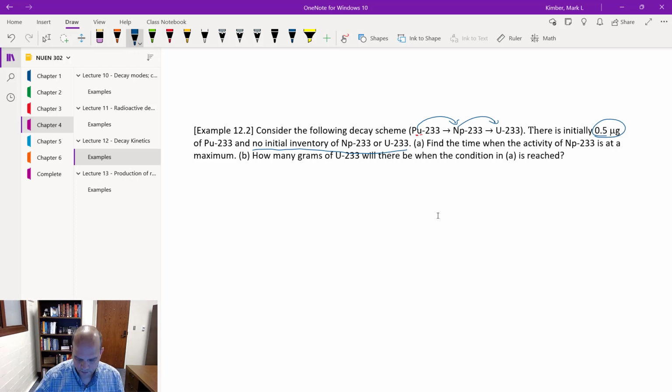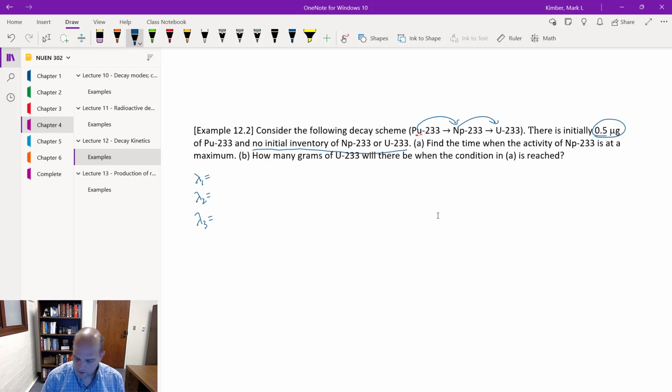So we have isotope number 1, and we've got to find its decay constant. We've got to find the decay constant for isotope number 2 as well.